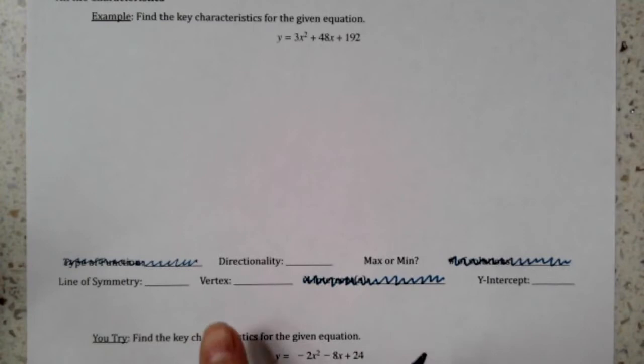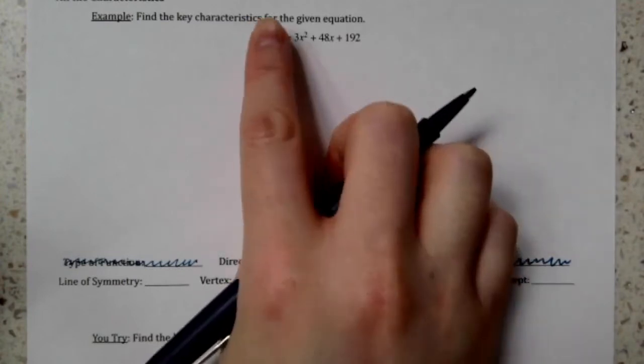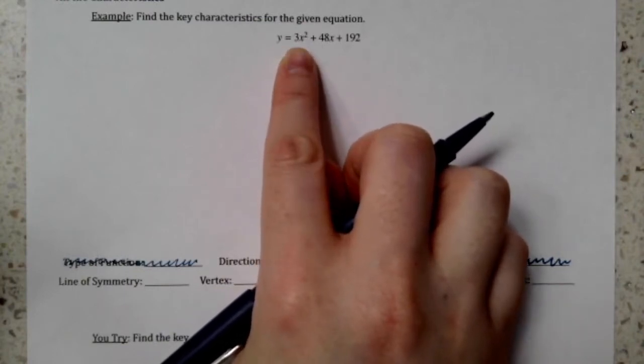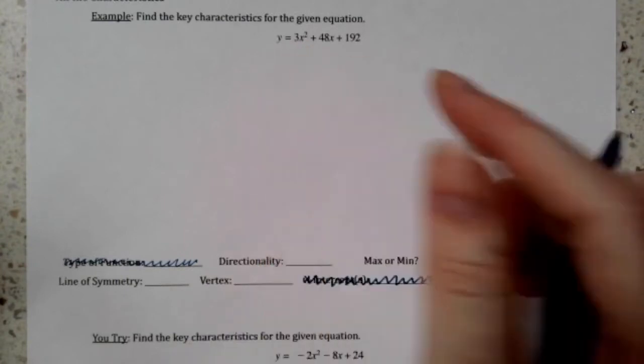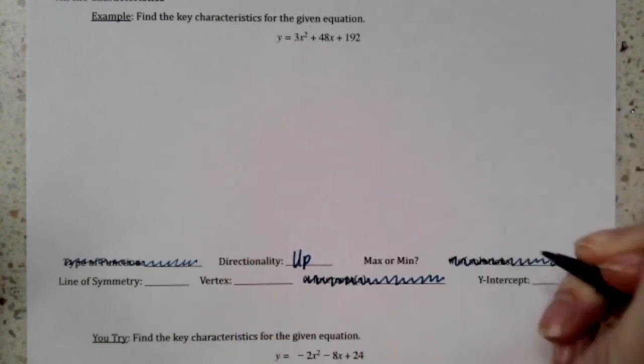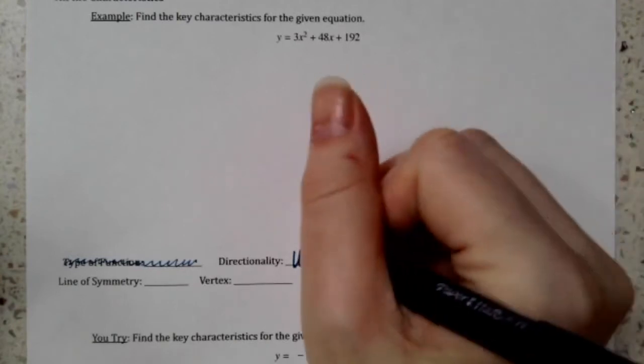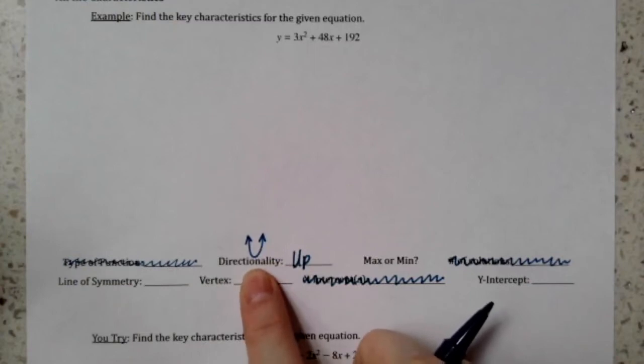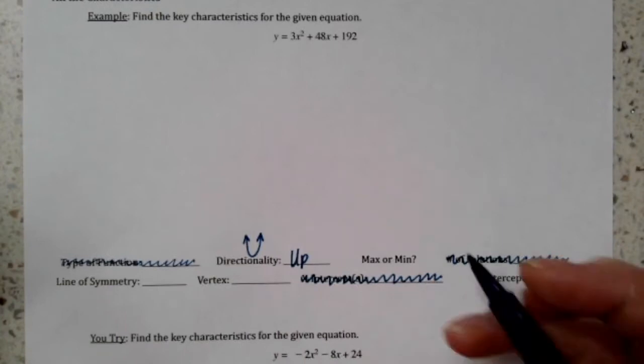The first couple that I like to do is directionality and max and min. For directionality, we look at our A value, which is 3. If our A value is positive, we go up, and if our A value is negative, we go down. Since this is a positive 3, our directionality is up. Then I like to quick sketch what it looks like if it's opening up or down so that I can easily see if it's a max or a min.